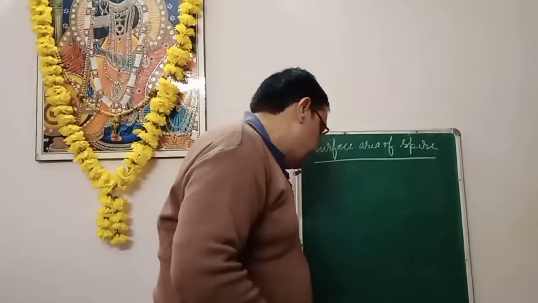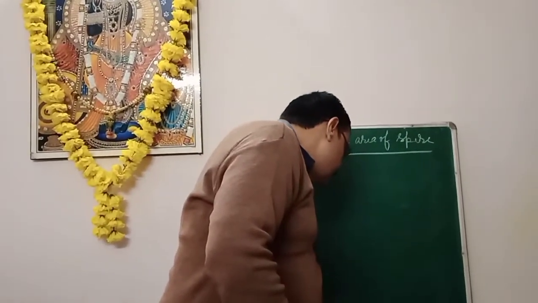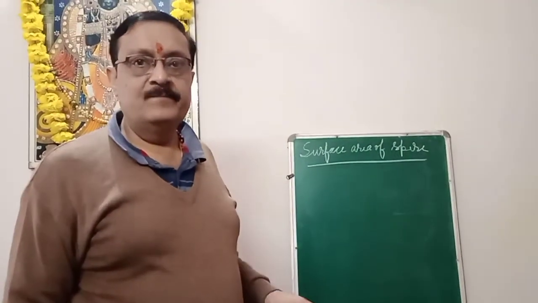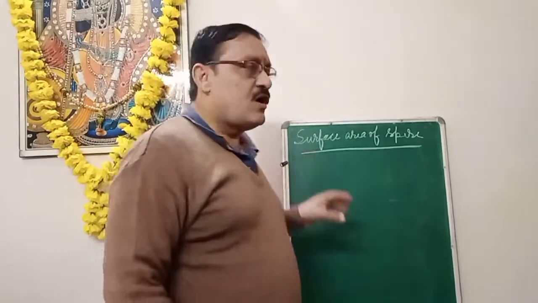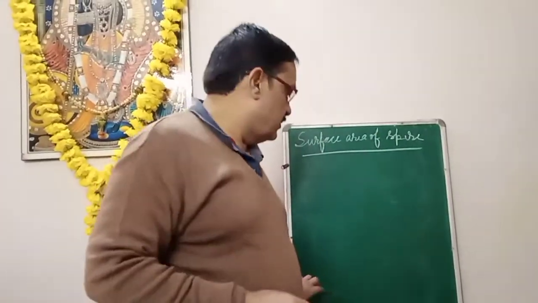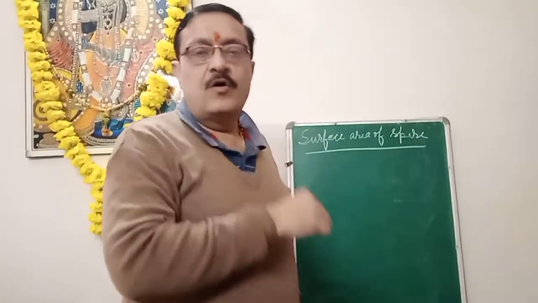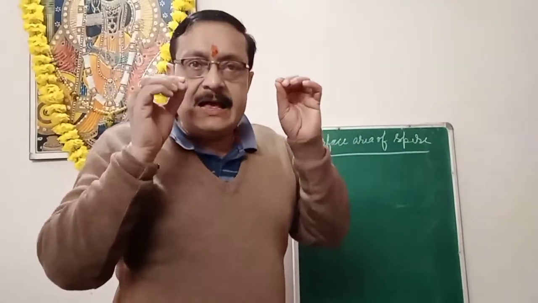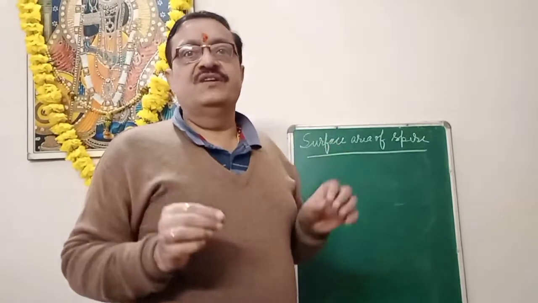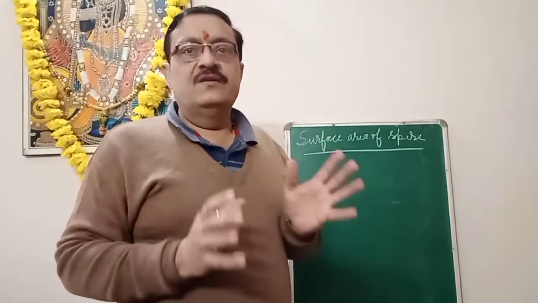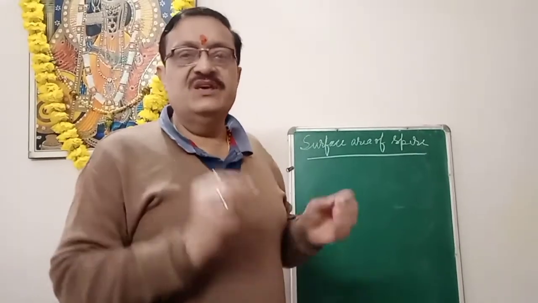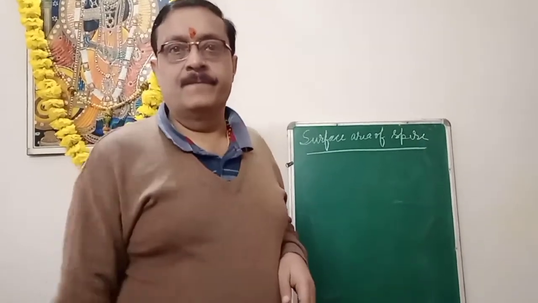So what is a sphere? A sphere is a three-dimensional figure in which all the points on the sphere are equidistant, or at a constant distance, from the center of the sphere.